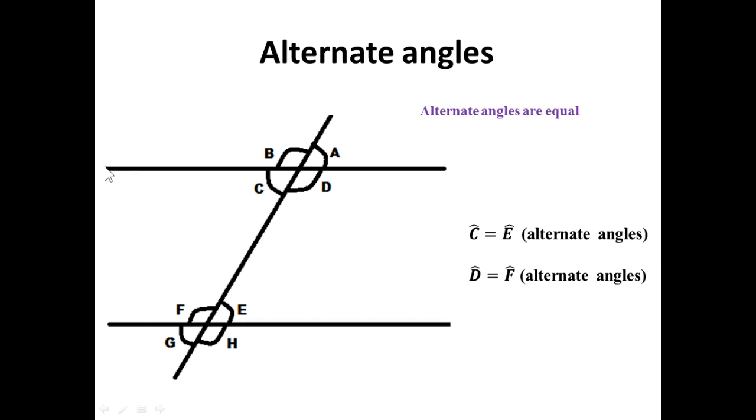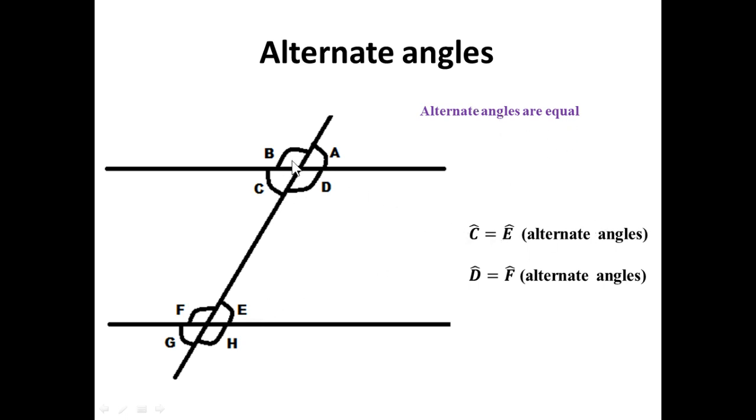Try to form a Z. Look at the line the way I'm drawing it on the screen: that line, then this line, then this line. You can say I form a Z like that. This angle in that Z and this angle in that Z are alternate, so angle C and angle E are alternate angles, and they are equal.